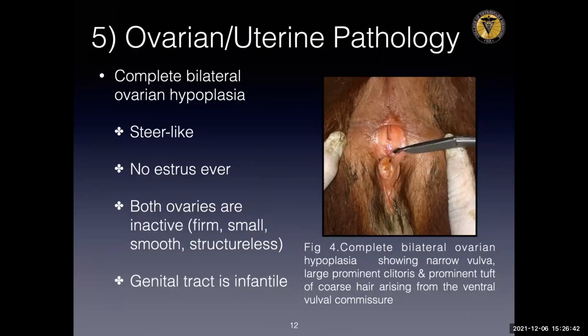And if you try to insert a test tube or whatever device to check the patency of the reproductive tract, the probe may not progress cranially into the tract. It just shows that the reproductive tract is not developed. So these are the many clinical signs that you have to look into to suspect that the animal is suffering from complete bilateral ovarian hypoplasia.